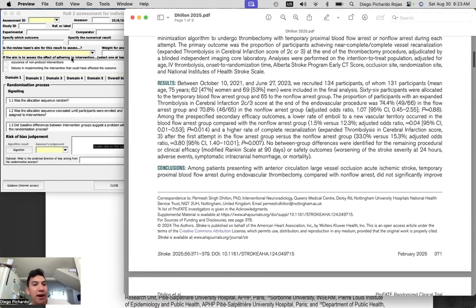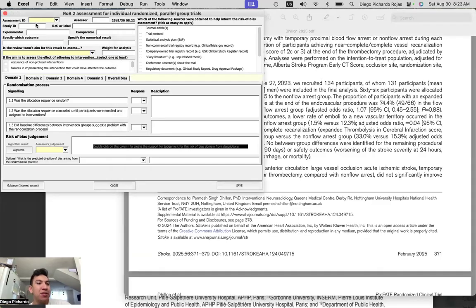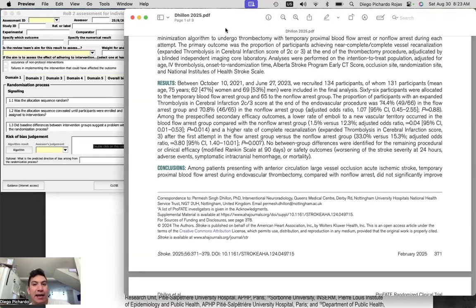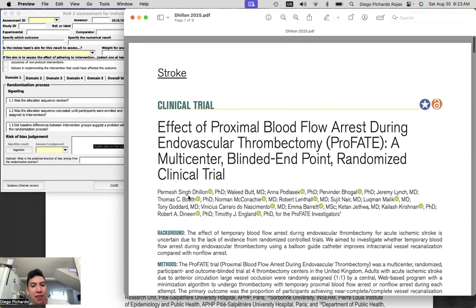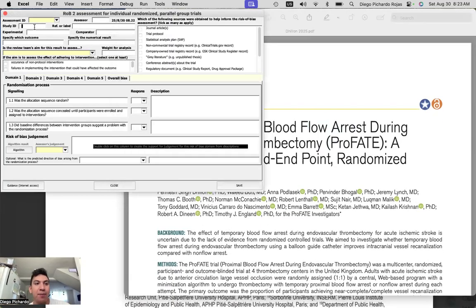So in this first study, we're just going to classify it as an example. I always like to put the name and the year, so we're going to put it as Dylan 2025.